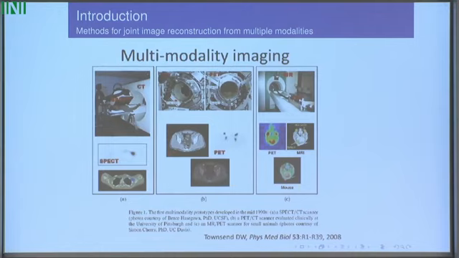Very different modalities. This is looking at soft tissue, this is mainly looking at hard tissue, but there are also these methods, 2 examples, positron emission tomography, single photon emission computed tomography.